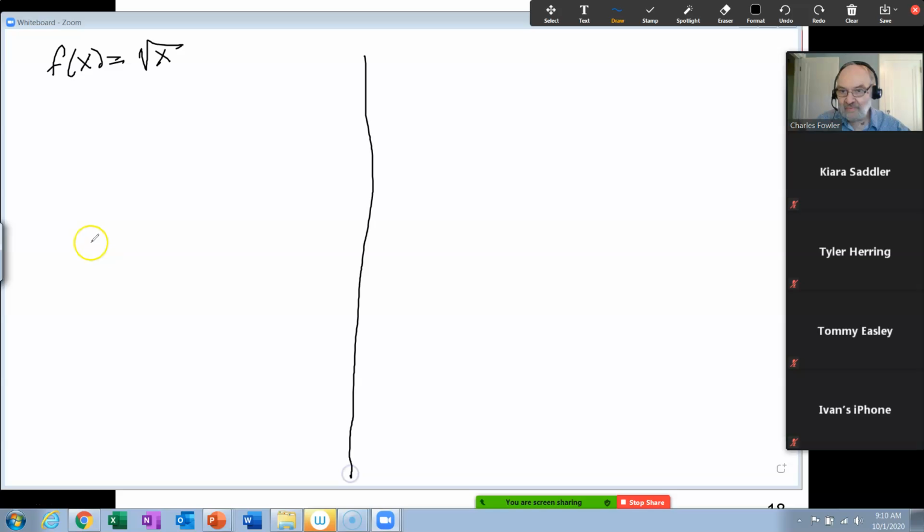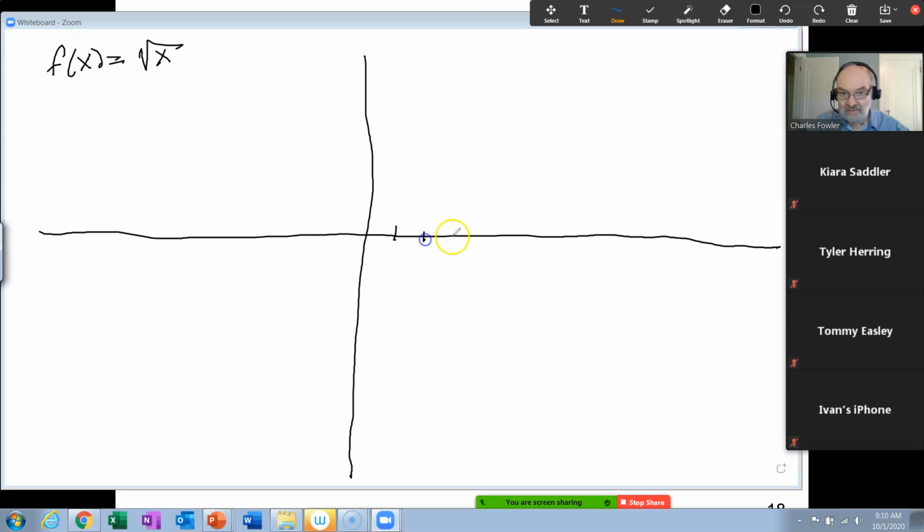I don't draw vertical lines or horizontal lines or straight lines very well. So let's do 1, 2, 3, 4, 5, 6, 7, 8, 9, 10, 11, 12, 13, 14.